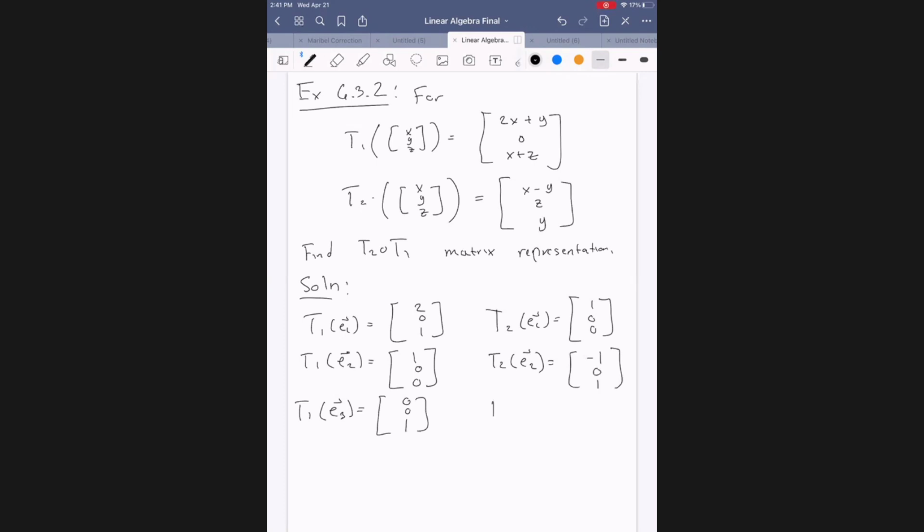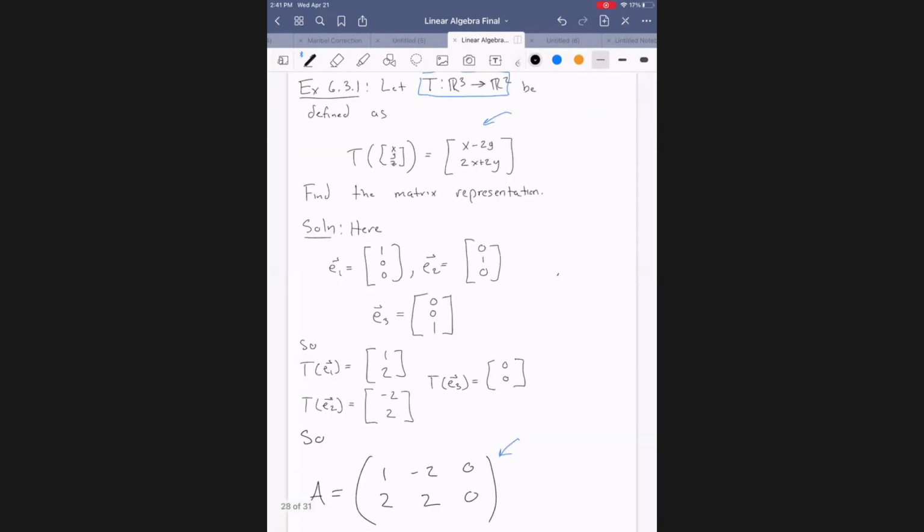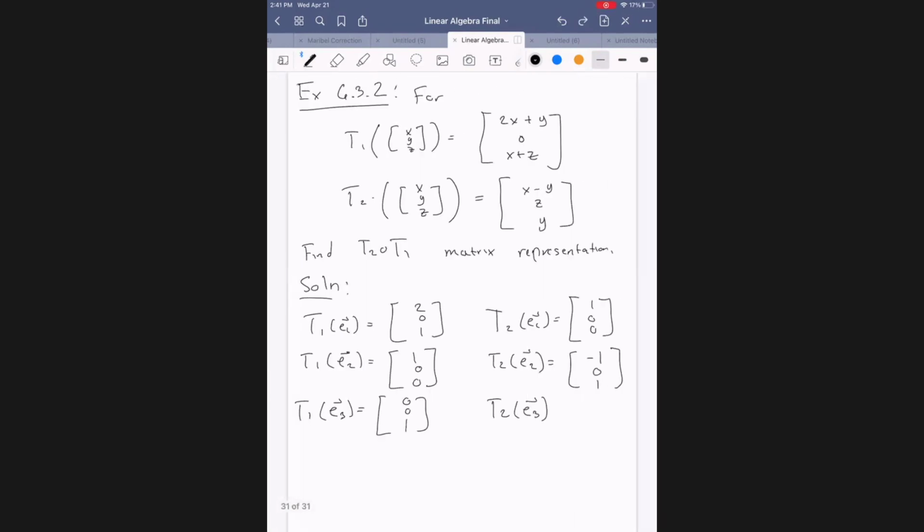So T2 of E3. By the way, if you have no idea where I'm taking it from, it's literally this example, I'm just doing those vectors: 0, 0, 1.